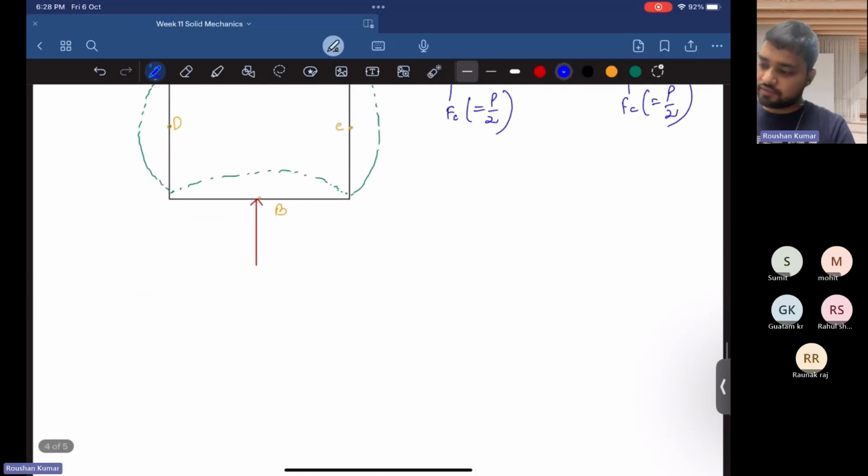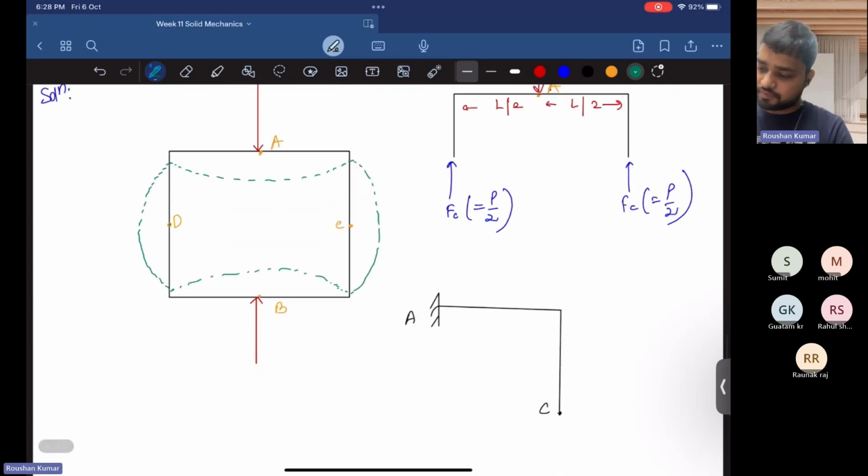So let's do that. So this is point A, and this is 1/4 of the ring, and this is point C. And you see from the figure that the half figure will become this way.